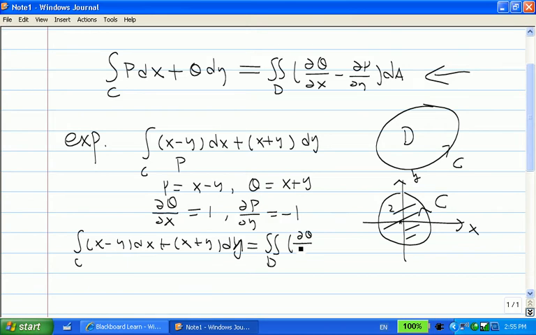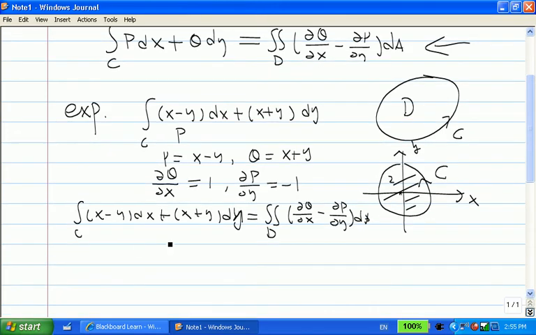Partial Q with respect to x minus partial P with respect to y, dA. That will give you 1 minus negative 1, which gives you 2.